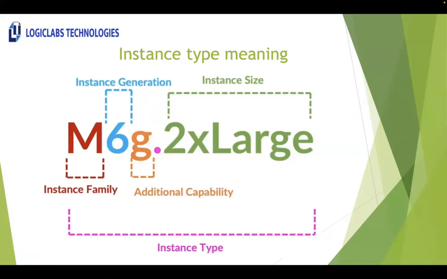So this number 6, whatever number is there, indicates the generation. If after the number there is a dot and some numbers, or sometimes an alphabet, if any alphabet is there after the number, it is called an additional capability. And after the dot, whatever is there will mention the size of your instance, based on how many GB of RAM and CPUs are required.